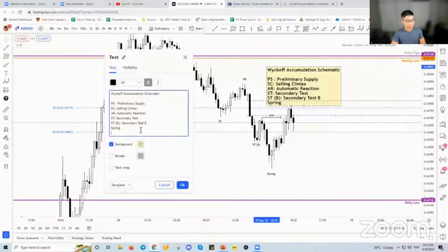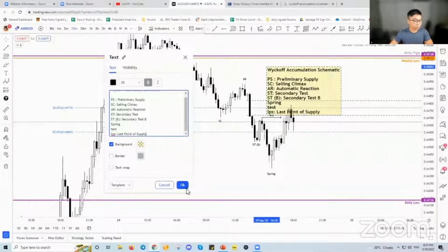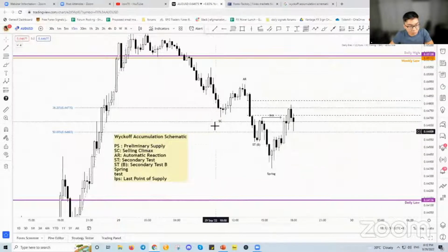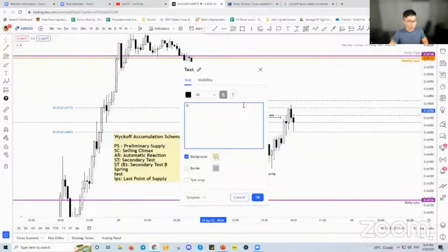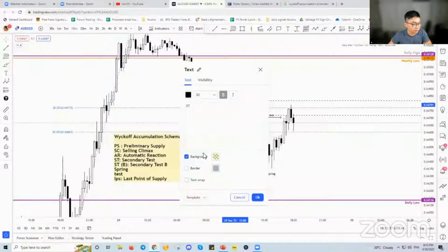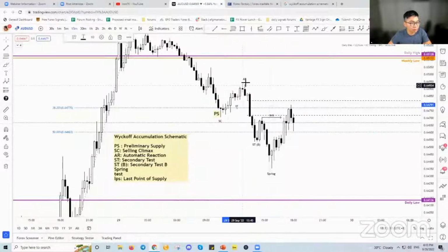The spring is spring after the test, and then we have the LPS, which is called the last point of supply. So let me draw it properly. I normally do not draw the PS. I normally do not write the second STB, the ST, but I will draw it here. Give me a moment. ST size 10. Is it 10? 12. Okay.